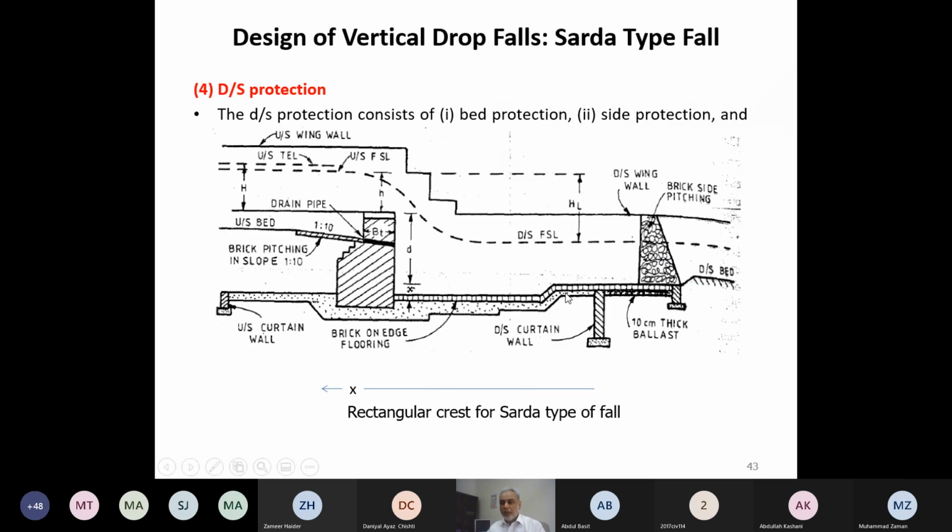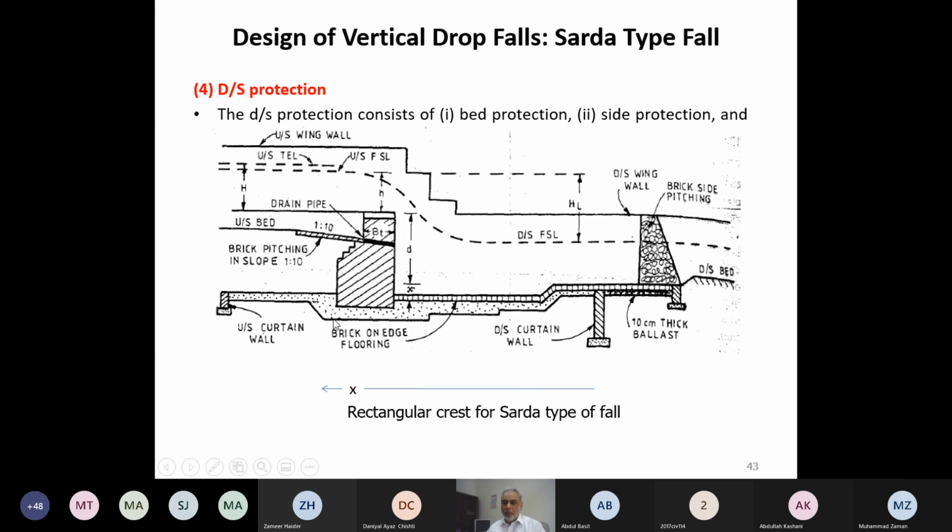For example, over here concrete floor is shown to you. So from here X will be 0. As we go up, X will increase, and over here X will be equal to LD. So when it reaches over here, the maximum thickness will be required at the downstream edge of the crest.